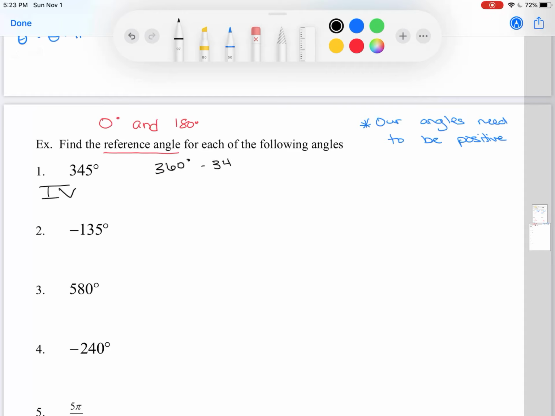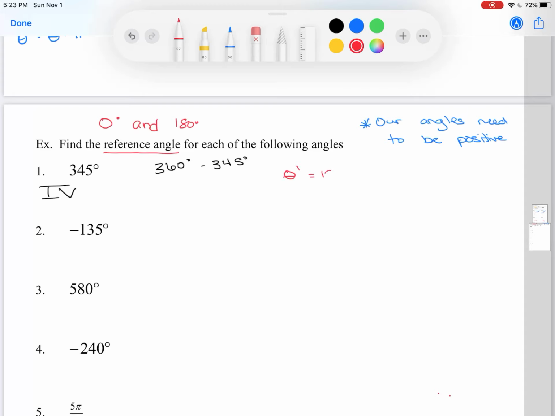And it tells me to take a full circle, 360, and then subtract the angle we were given, 345. And that's all I need to do for question 1. Take the original 360 circle, subtract the 345 degrees that we were given, and my final answer as the reference angle is 15 degrees.